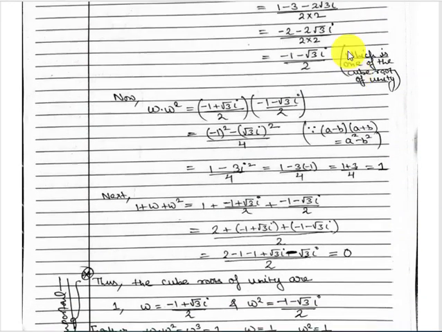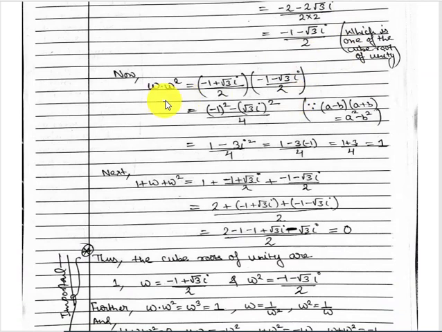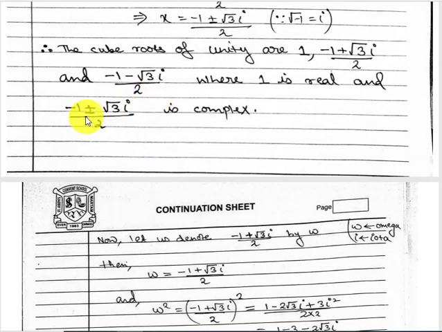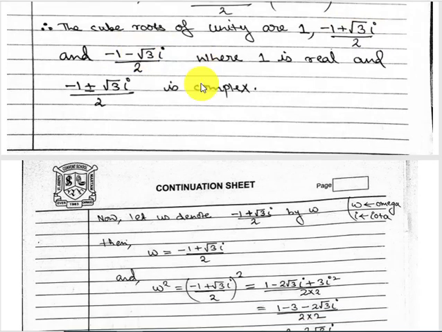So this is the relation, that those complex roots are squares of each other. Next relation is that if I multiply this root and the square of this, then I'll get 1.